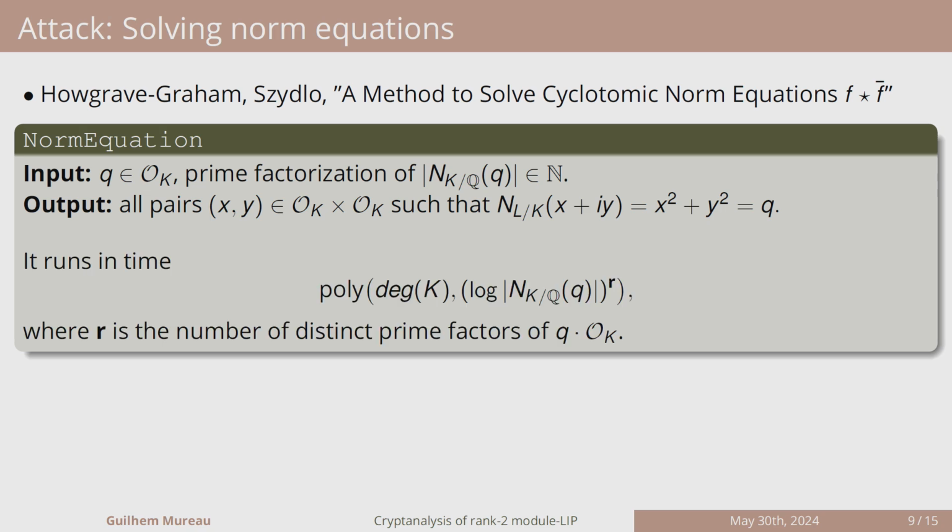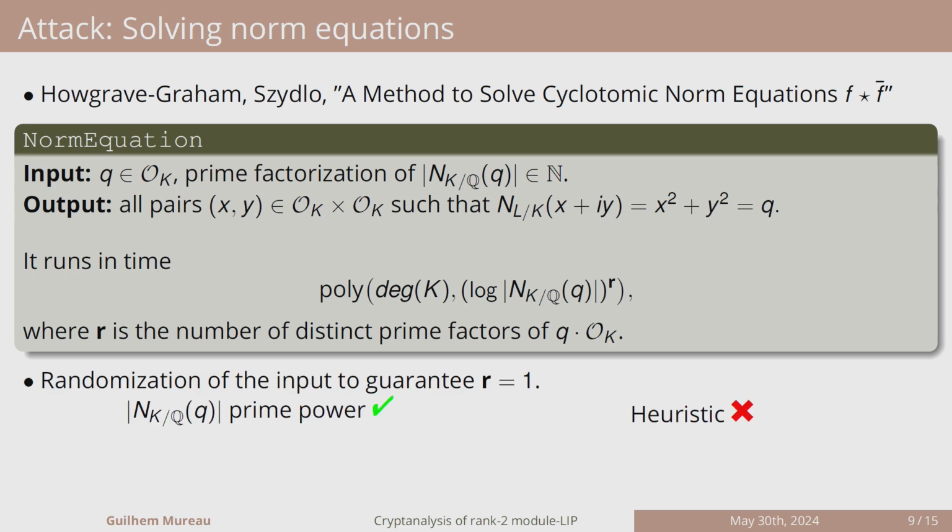And it runs in time polynomial in the degree of the field, and in the logarithm of the algebraic norm to the R, where R is the number of distinct prime factors of the ideal generated by Q. If you don't know about prime factorization of ideals, you can just think of K as the field of rational numbers. Then Q is a rational integer, and R is exactly the number of distinct prime factors of Q.